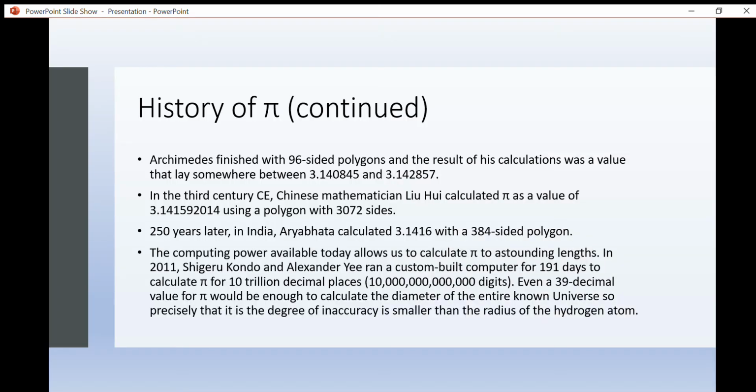Here is the continued history of pi. Archimedes finished with 96-sided polygons, which is a lot, because a square has 4 sides, and a quadrilateral has 4 sides, and a 96-sided polygon would be a polygon with many sides.